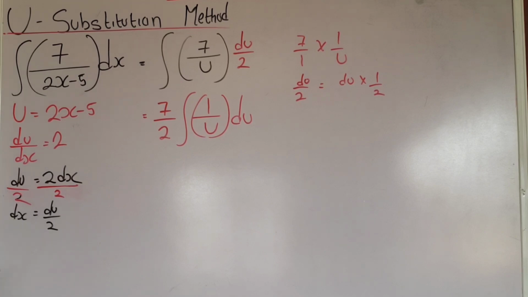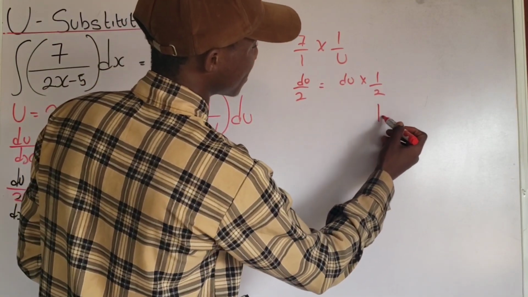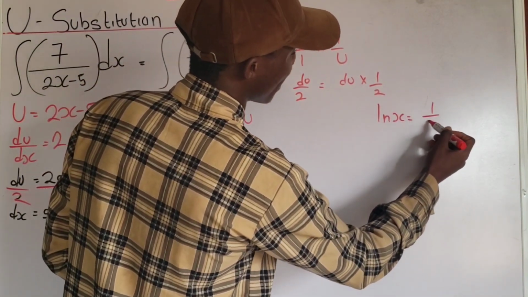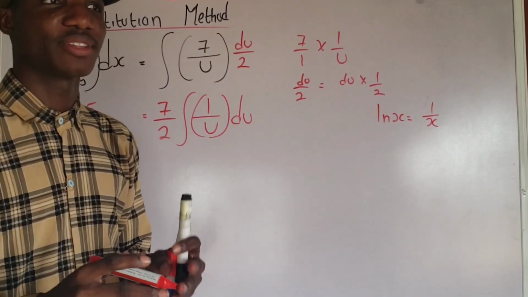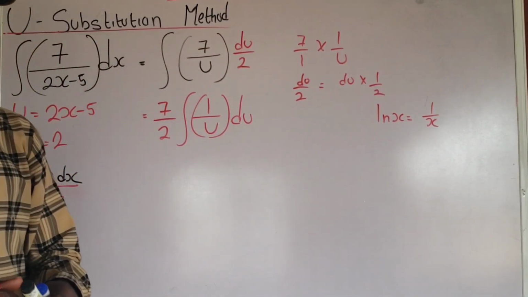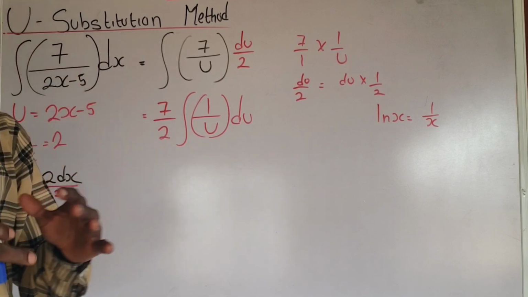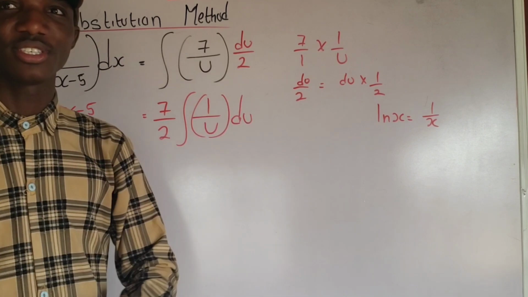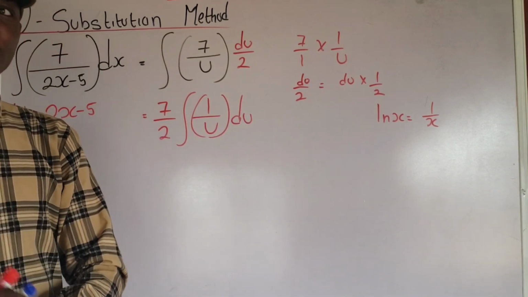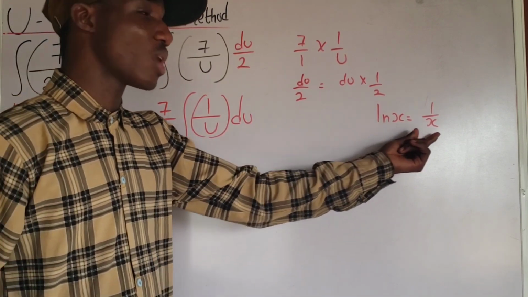Okay, now pay attention. In differential calculus, if you differentiate ln x, you're going to have 1 over x. I'm very sure you know that. When I started in our first class on integral calculus, I told you that integration simply means the opposite of differentiation, that is antiderivative. Now, if you differentiate ln x, you're going to have 1 over x.